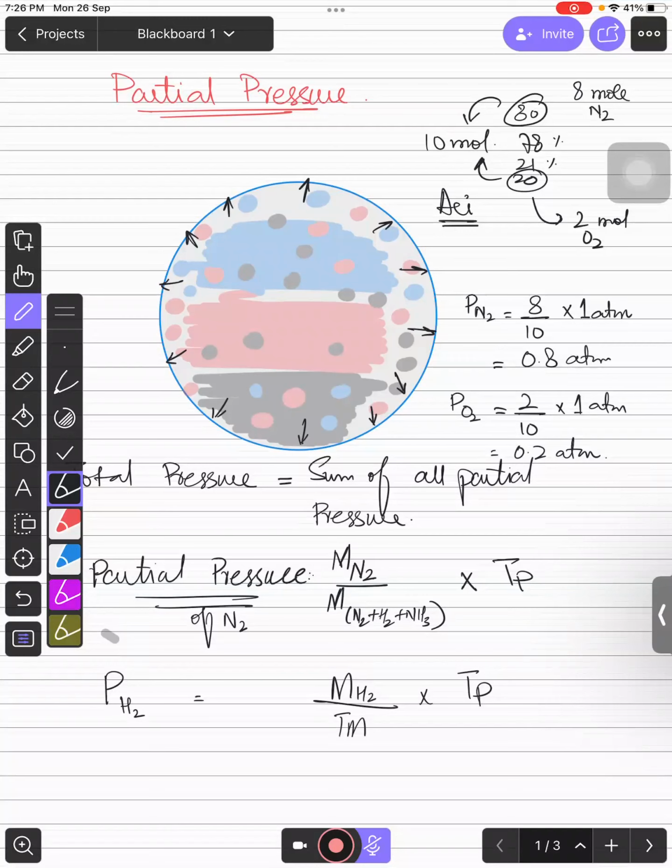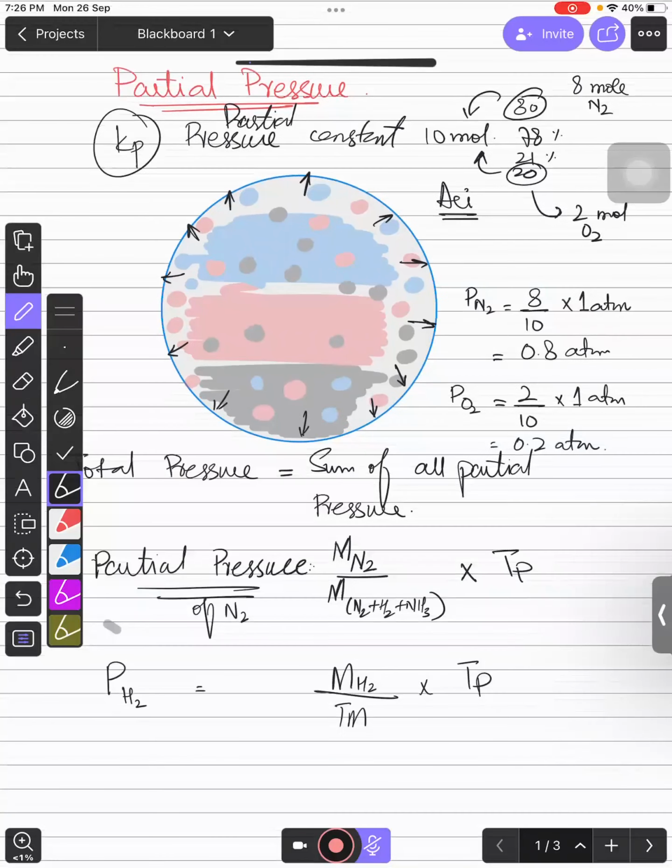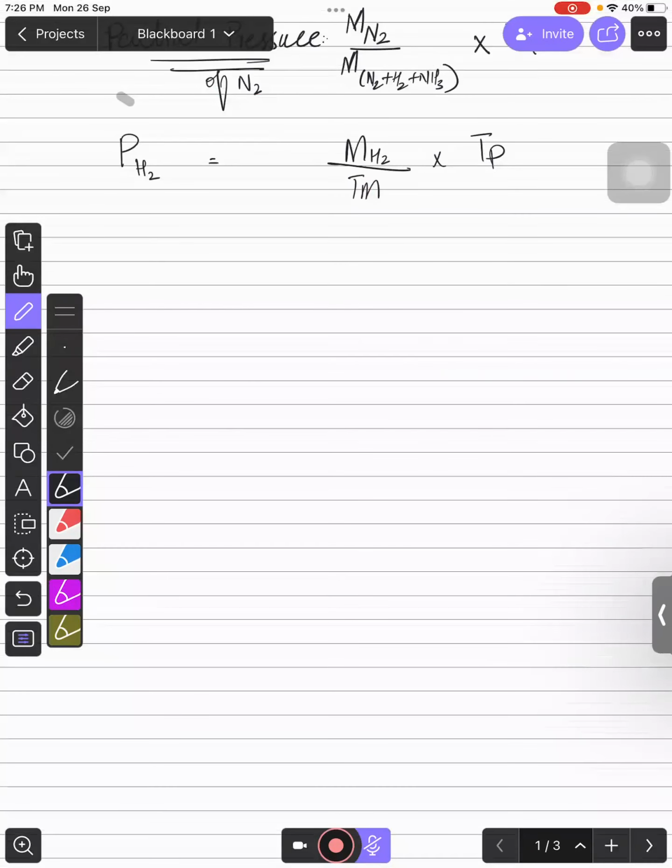Kp is actually a constant like Kc. Kp is the partial pressure constant that we are going to find out. The expression for Kp is the same as the expression of Kc; both are the same thing.